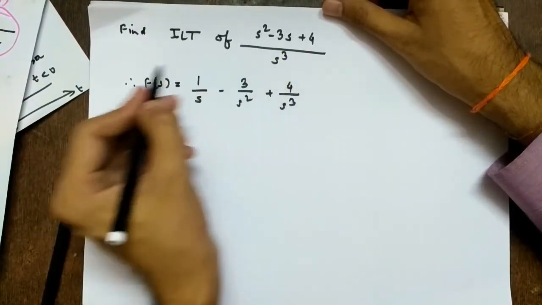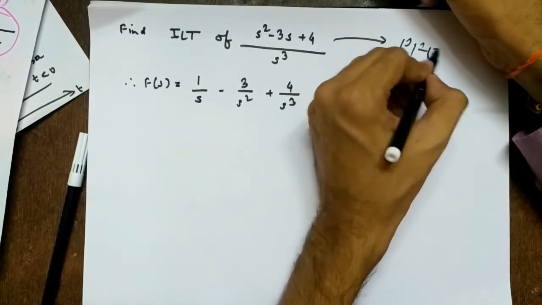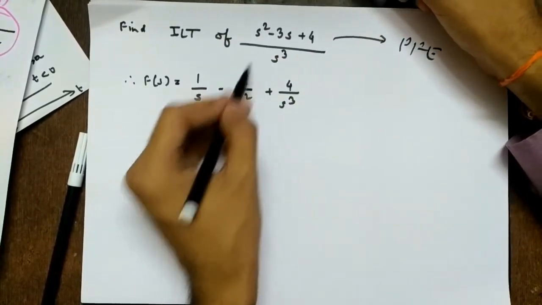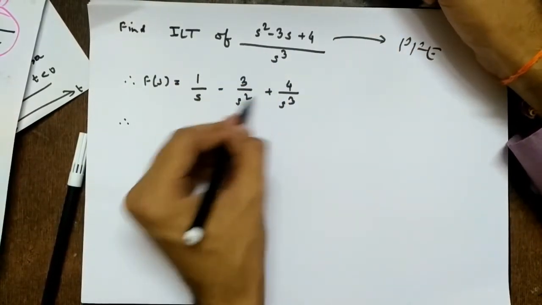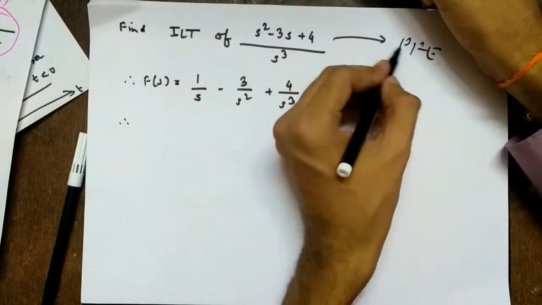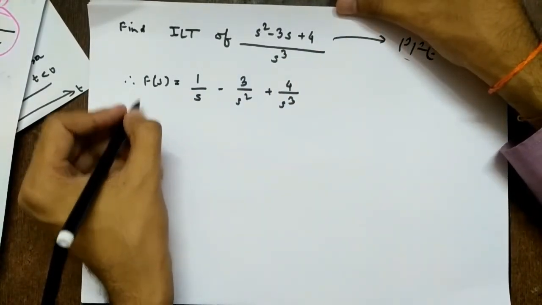There are two methods: you can use this method or you can use partial fraction expansion. But this method is simpler here, so I'll use this one. In some cases it may not be possible to write it in this way, and then you will have to use partial fraction expansion. So I have to find the inverse Laplace.